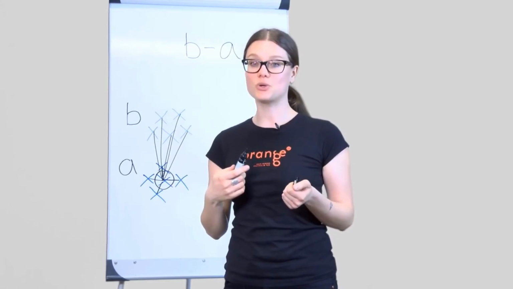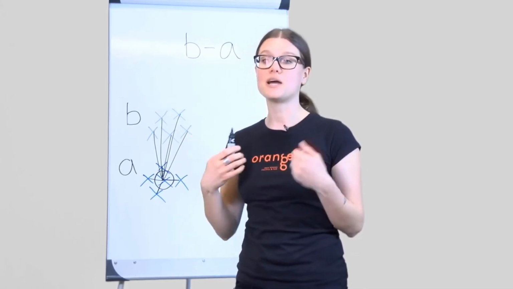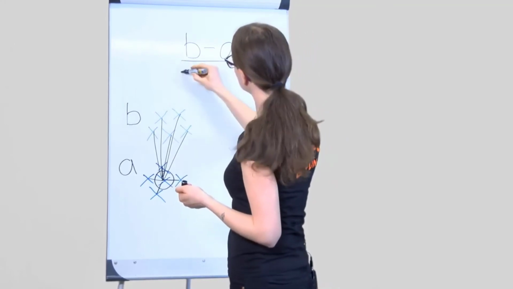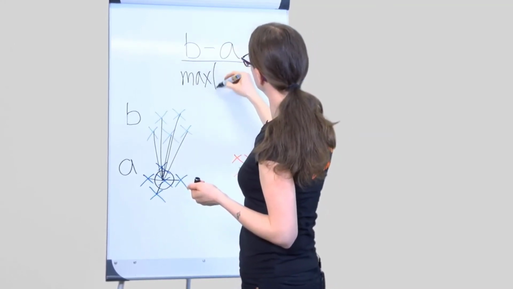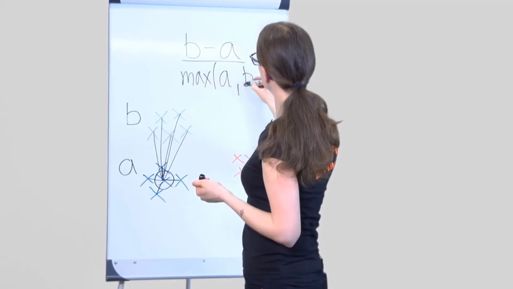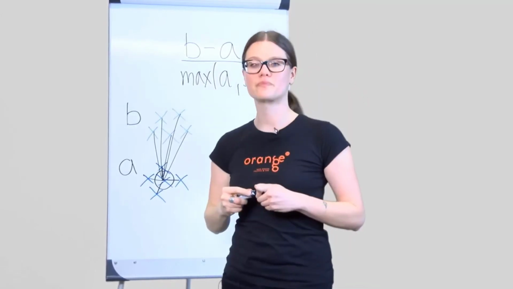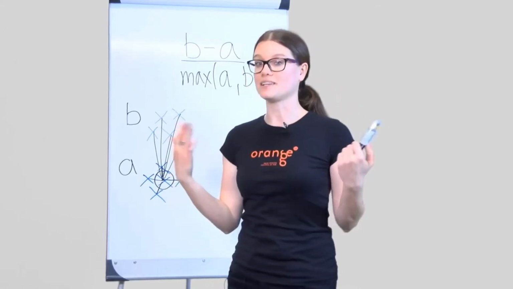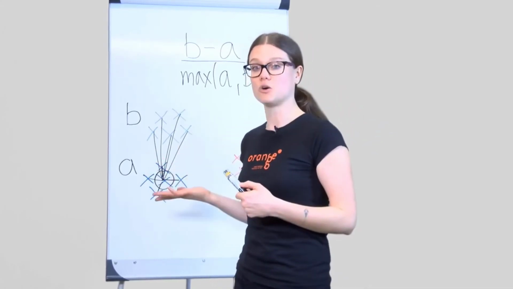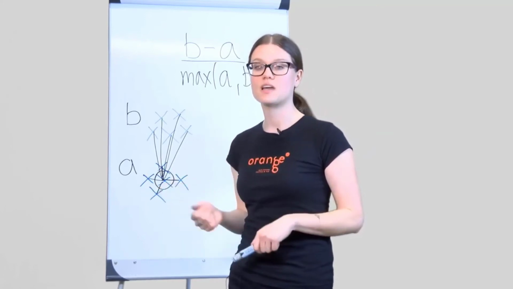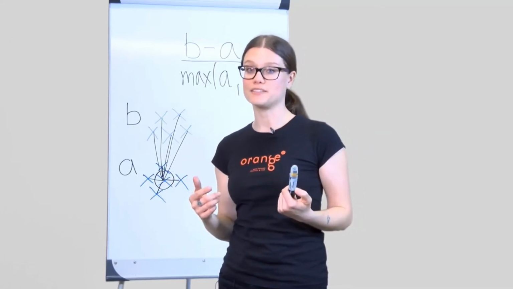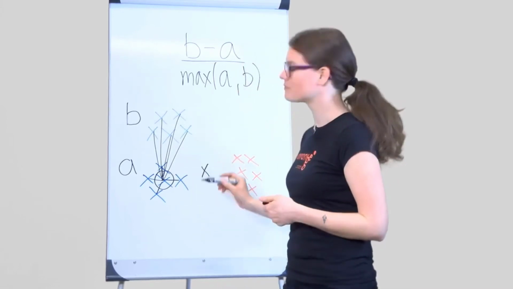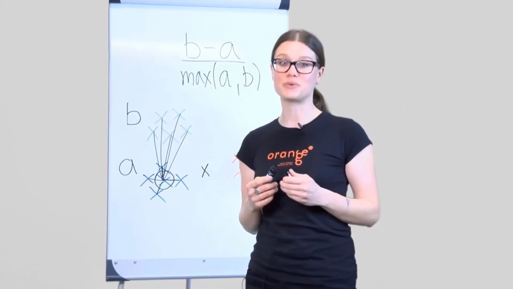To normalize this score, we have to divide it by the maximum of A and B. The silhouette score for our data point will be quite high, since it lies close to the center of its cluster. A silhouette score for a point that lies in between the two clusters will be close to 0.